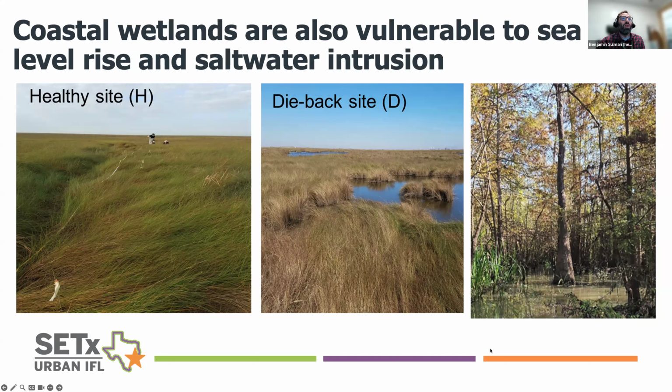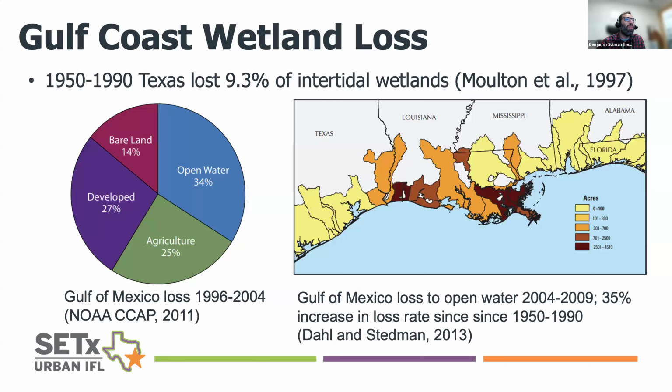And moving further upriver, there are also a lot of these floodplain forest areas which mitigate river flooding and also provide important ecosystem services. And a lot of these upstream areas are especially vulnerable to saltwater intrusion, which increases with both storm impacts and sea level rise, and is also exacerbated by drought that reduces river flows. If we zoom back out, Texas has lost a lot of its coastal wetlands over the past several decades.